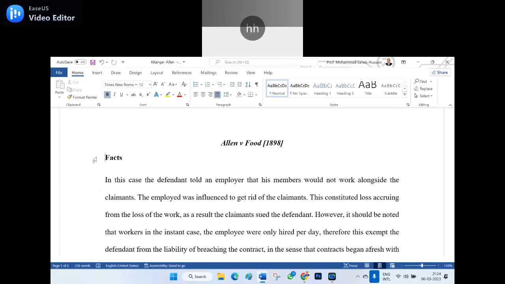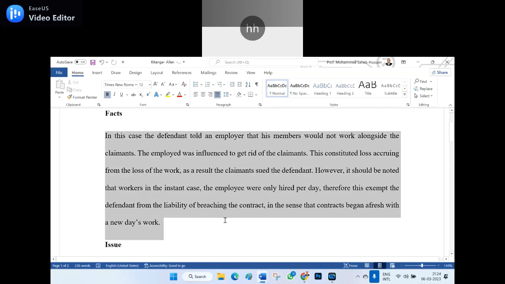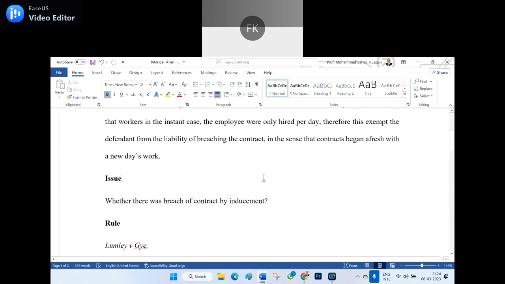That is case briefing. And when the problem is given, which is nothing but the facts are given, at that instance you have to do it in the IRAC model. And these facts which you have made here, I will give in the question paper. And you have to start from the issue. Is it clear? Clear, Prof. Very good.